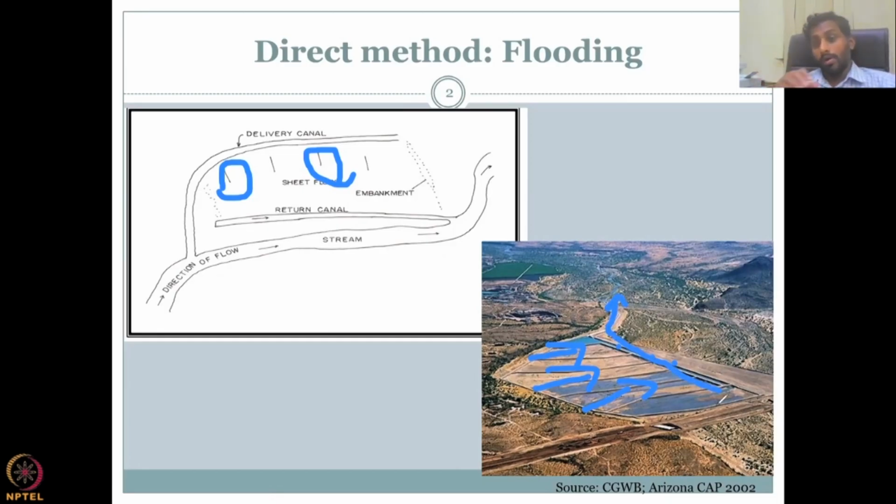Okay. So this is how water can be diverted off the main channel. So look at it, water is diverted off the main channel, let into a ground, recharge, and then helps in improving the groundwater status.